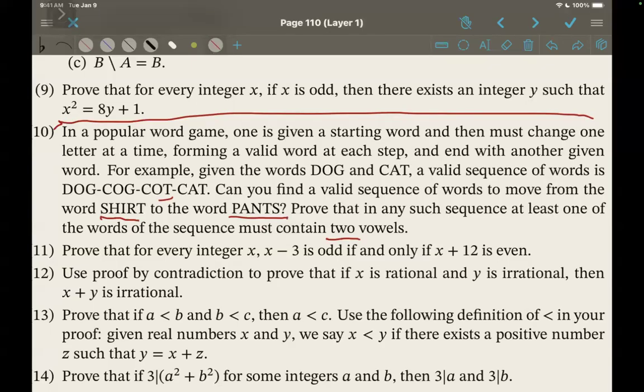I mean, cog is a word, and it may take a few steps to get there. Shirk? Technically, yeah, I thought shirk was a word.